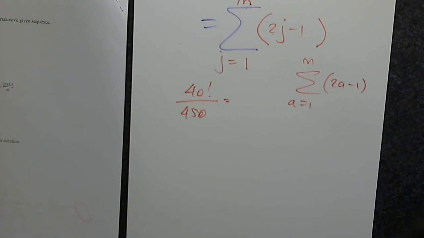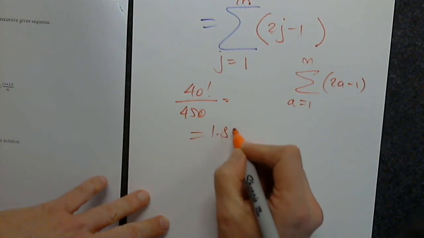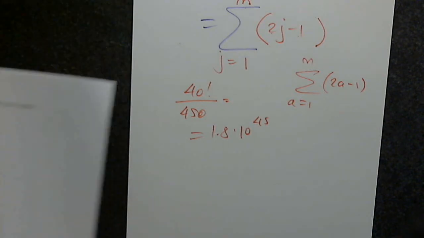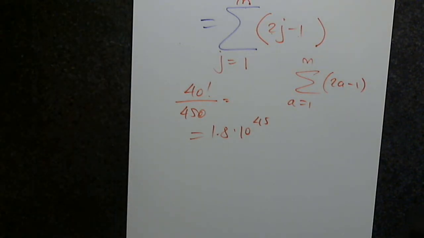It has 45 digits after the 1. So it's 1.8 times 10 to the 45th power. That's how you write the answer, estimated 1.8. It's so big that I can't even tell you what it is. Okay, so those were the last sections from 6 and 8.